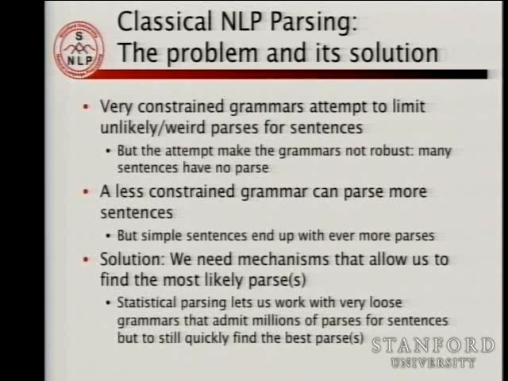All of the action is then in the weights or probabilities of the grammar, which decide what are the likely or unlikely parses for the sentence. And going along with that, there are some clever algorithms and programming to make sure that despite theoretically having an infinite number of parses, in practice you can find the good parses very quickly.